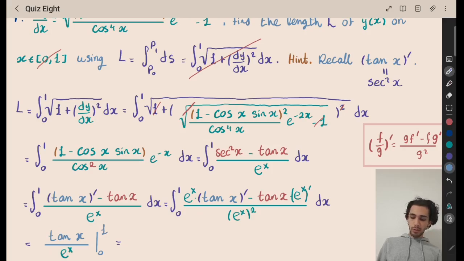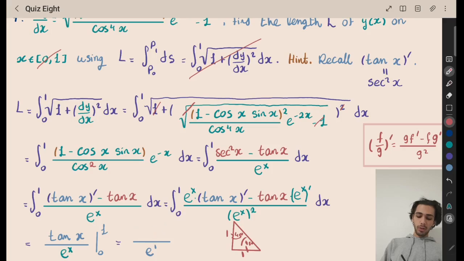So you can just plug in now. You get tangent of 1 divided by e to the 1. Now tangent of 1 is the angle in radians for which, in the right angled triangle, the opposite side has the same ratio as the adjacent side. When these two are equal, the ratio is 1, and you have 45 degrees here, 45 degrees there.